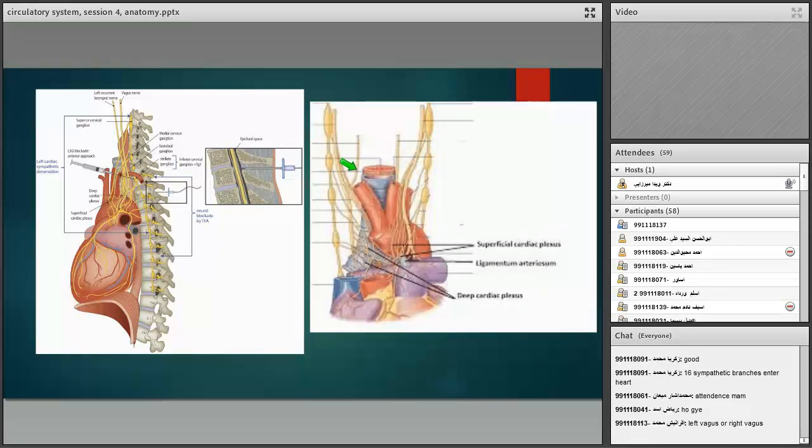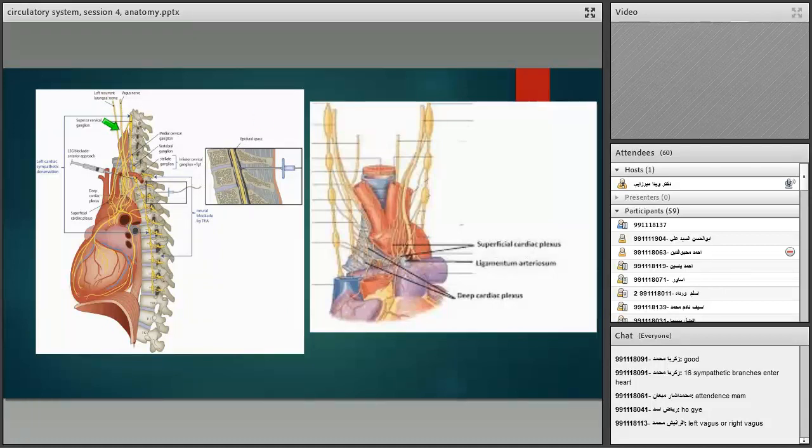Right and left vagus nerves, look at here, this is the vagus nerve, send 3 branches to the cardiac plexus on each side. 3 on the left side and 3 on the right side. 2 of these 3 branches are in the cervical side and 1 of them comes to the heart plexus from the thoracic cavity.